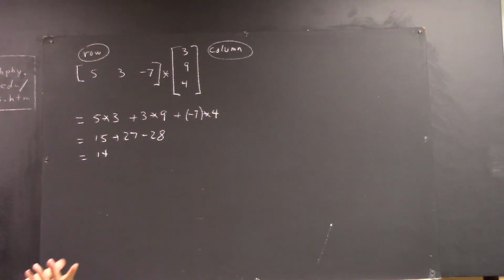If I did my arithmetic right, that's going to give us 14. Okay? That makes sense? You might not understand why we do it. I'm just showing you what we do.